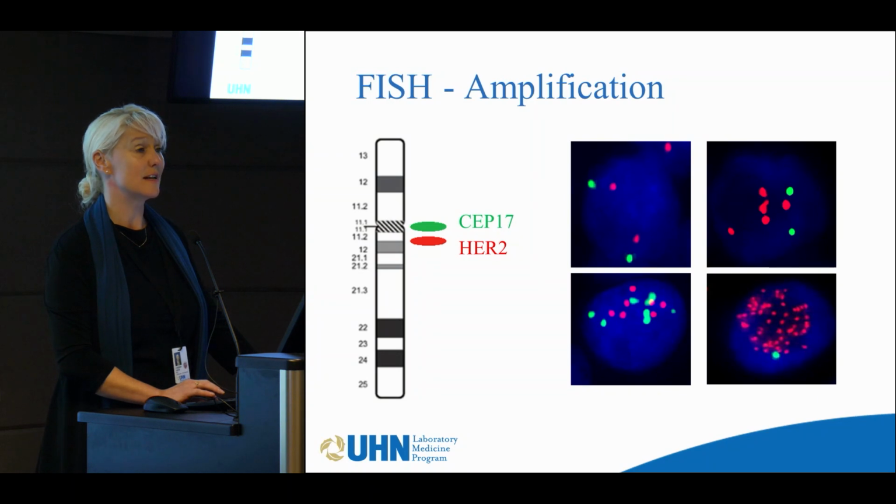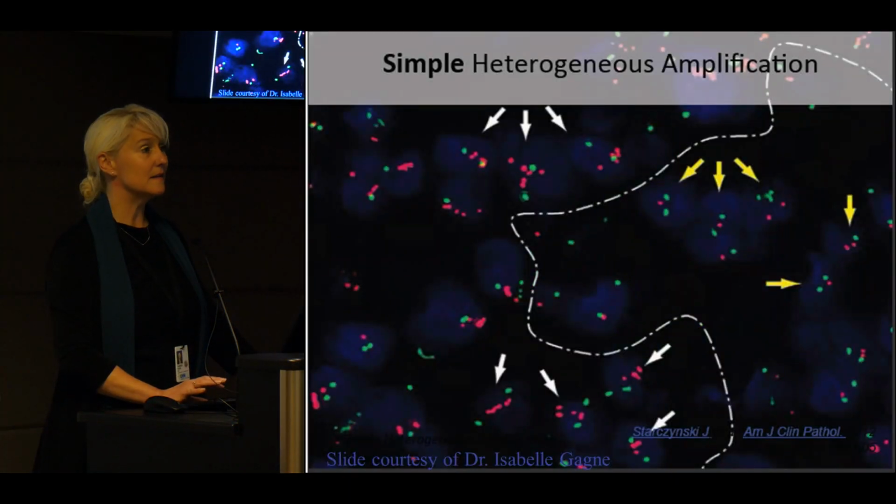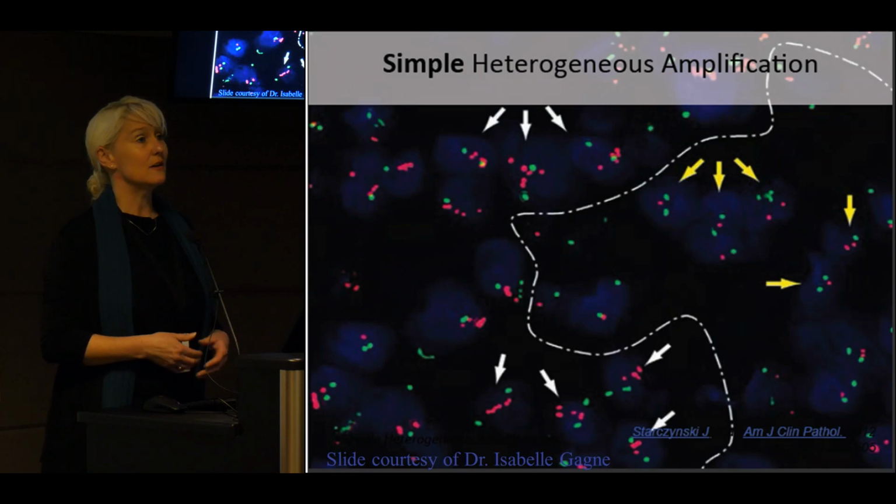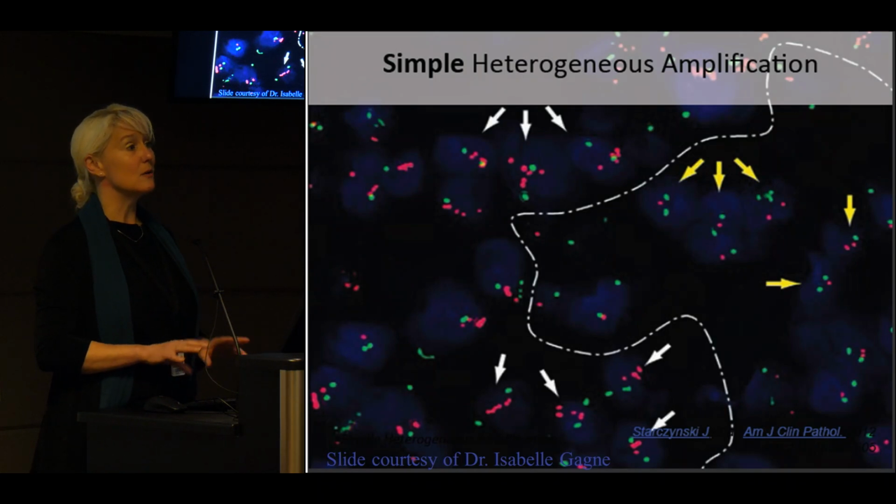Amplification, we use this in breast cancer, either low-level amplification or co-amplification of both the gene and the centromere region of chromosome 17, as well as high amplification. But all of this, FISH is very valuable in localizing DNA in its native context.